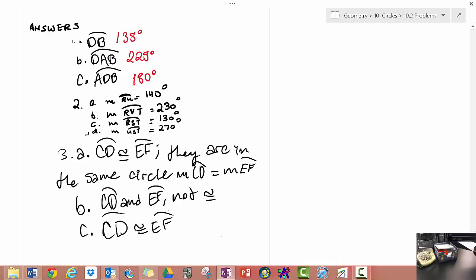So the first numbers are 1A is 135, 1B is 225, 1C is 180 degrees. 2A is 140 degrees, 2B is 130 degrees. Oh, sorry, erase that. 2B is 230 degrees, 2C is 130 degrees, and 2D is 270 degrees. Okay, just in case you had trouble reading that.